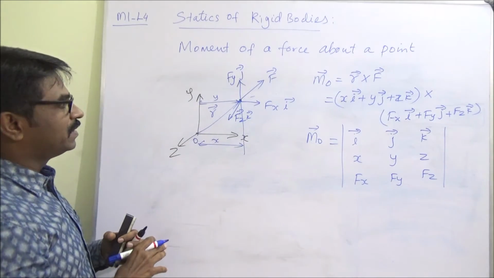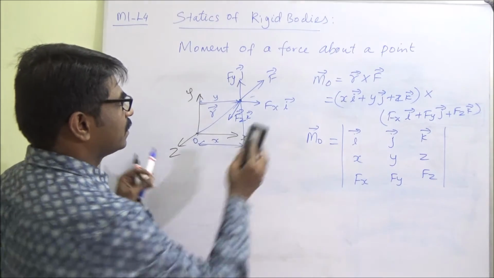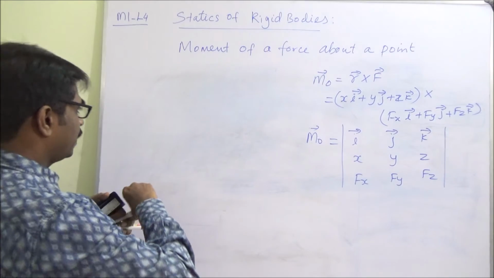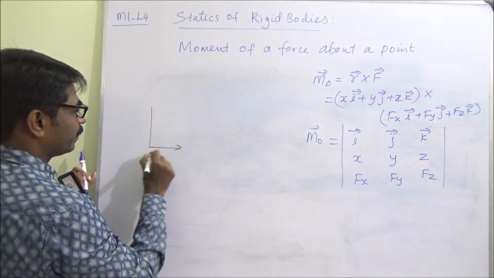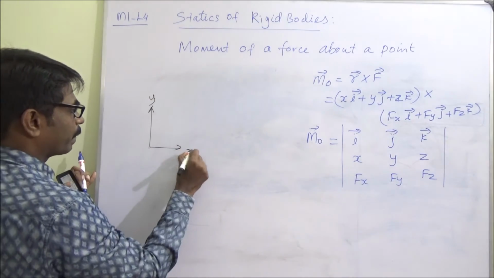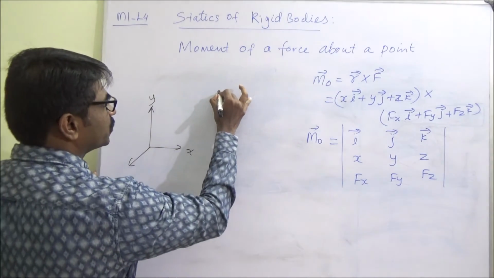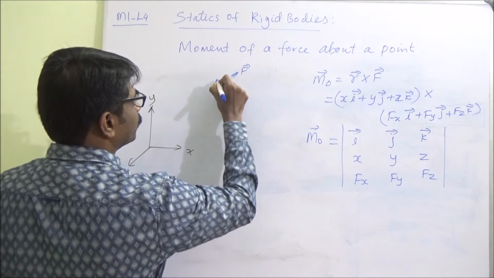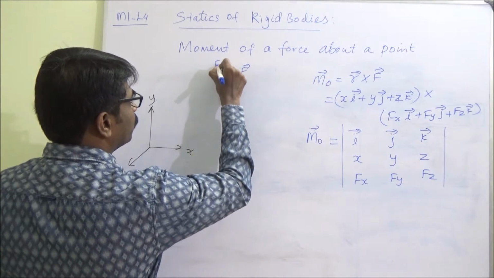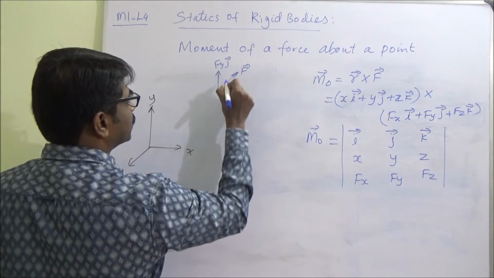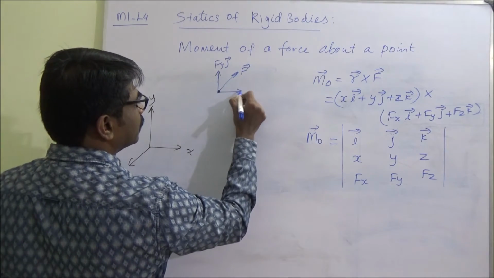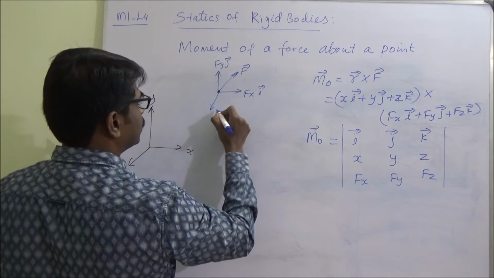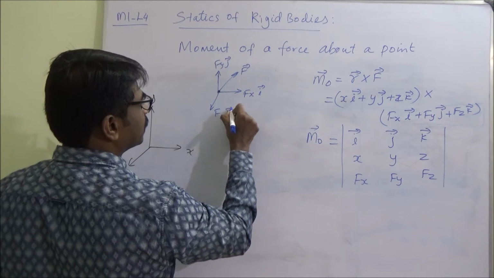So these are the coordinate points. Now say for example, the same force Fx i vector, Fy j vector, Fz k vector.